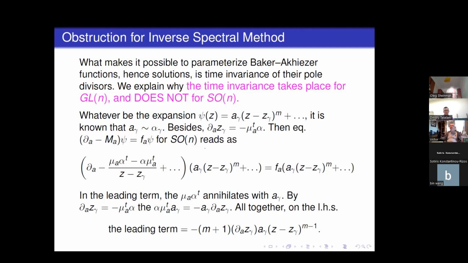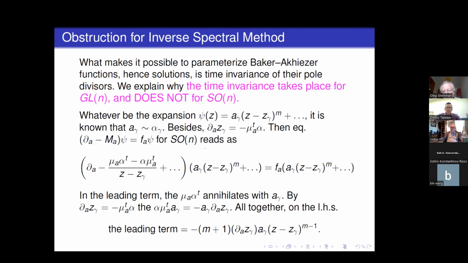What makes it possible to parameterize Baker-Akhiezer functions, and hence the solutions, is the time invariance of their pole divisors. I will explain now that the time invariance of the divisor takes place for GLN and does not for SON and other simple groups.